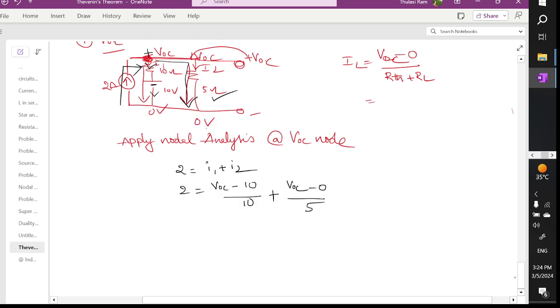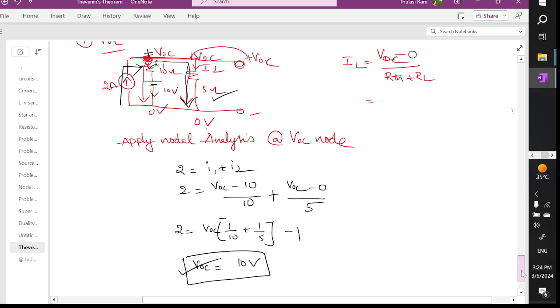So from here you can find the VOC value. 2 is equal to VOC times (1 by 10 plus 1 by 5) minus 1. You separate these terms, then you get VOC equal to 10 volts. So you got VOC as 10 volts.